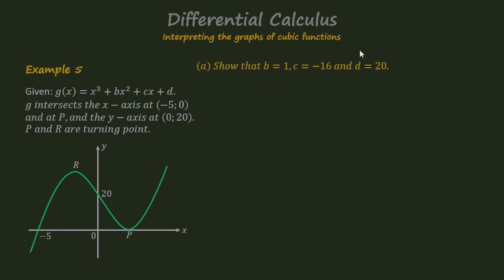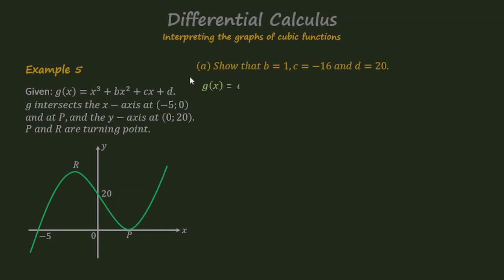Now there is one thing that you need to note about cubic functions. If you have a situation where a point is a turning point and it's also the x-intercept, like P, because it touches the x-axis there, it means that you are going to have a repeated factor in your equation of g(x).